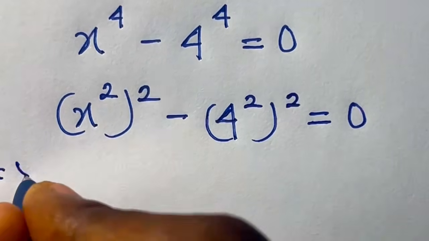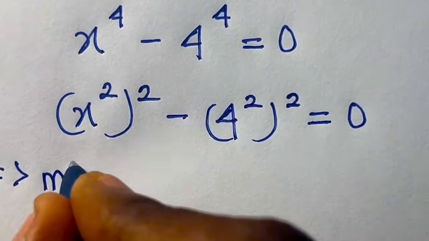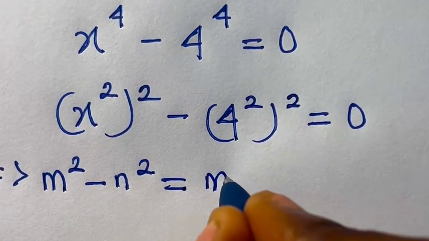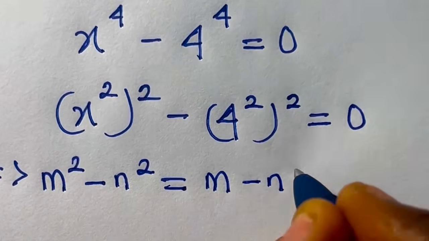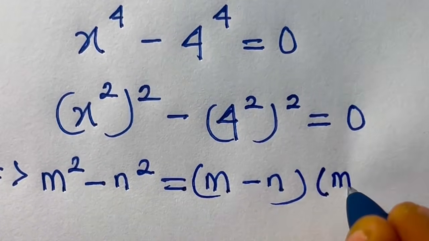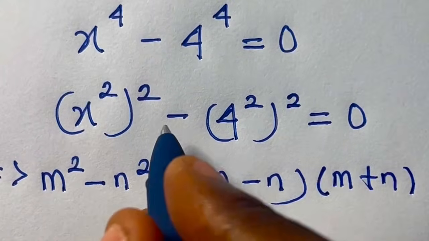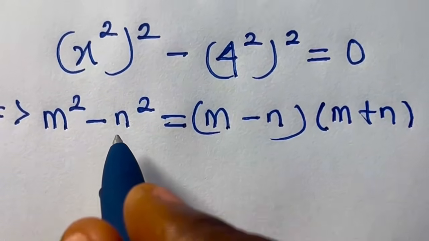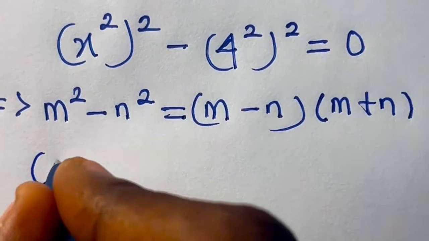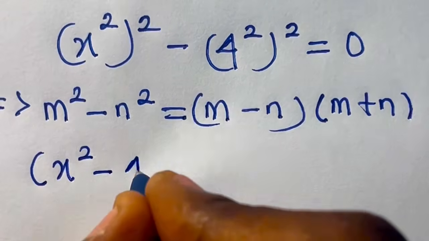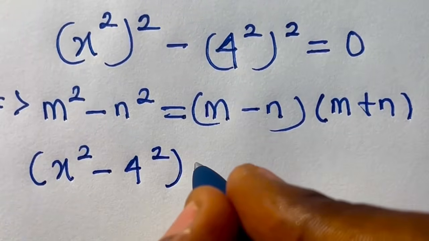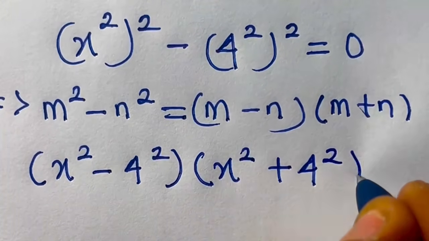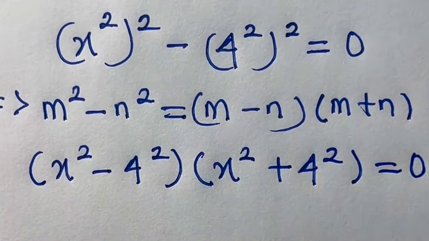If you recall, m squared minus n squared equals m minus n multiplied by m plus n. So we observe that this has become a difference of two squares. If we apply this here, we will have x squared minus 4 squared multiplied by x squared plus 4 squared equals 0.